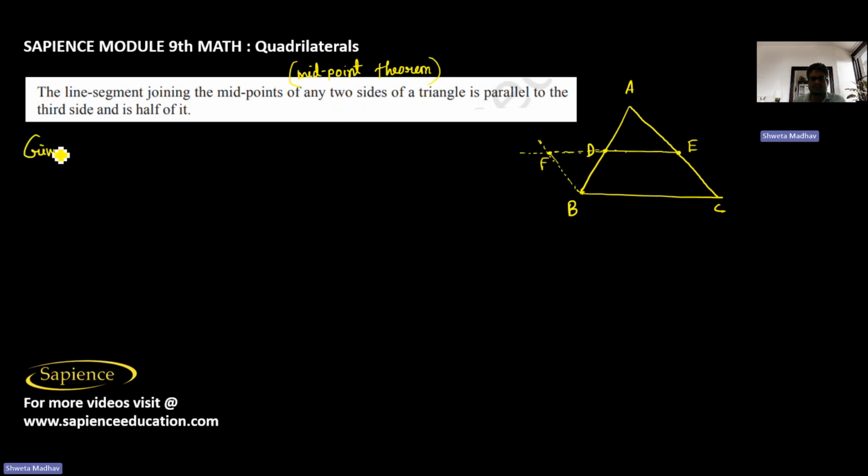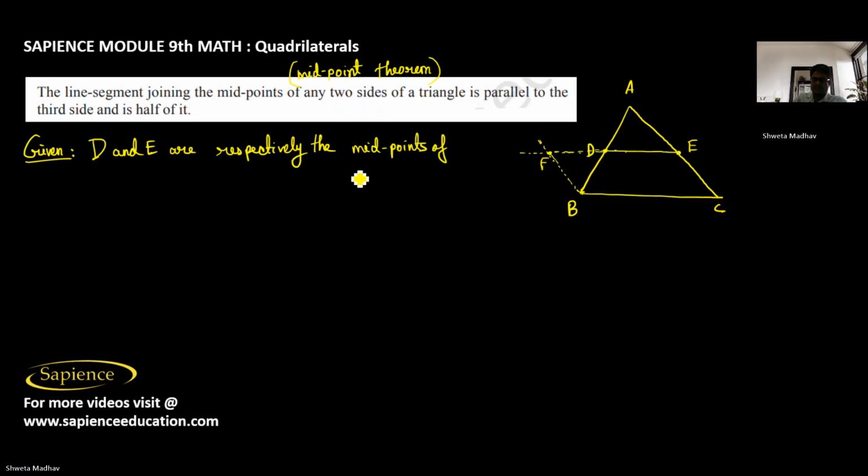So now here we have to write first what is given. Given is D and E are respectively the midpoints of the sides AB and AC of triangle ABC.